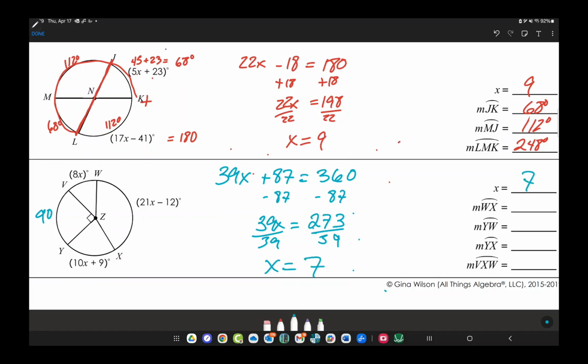Now, 10 times 7 plus 9 is 79. 8 times 7 is 56 degrees. And 21 times 7 is 147, minus 12 is 135. So WX, 135 degrees.